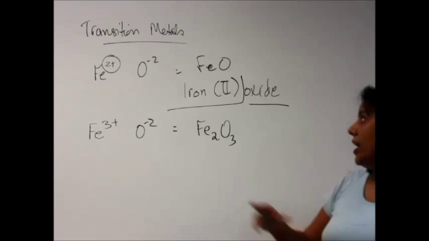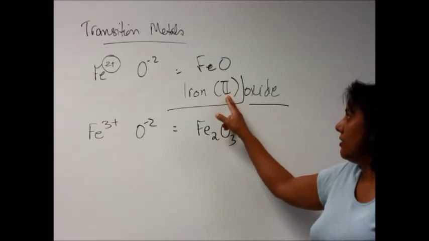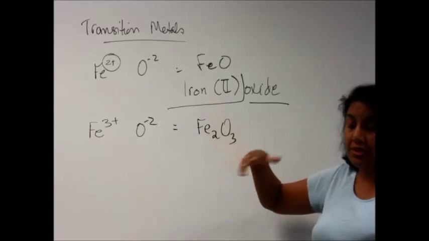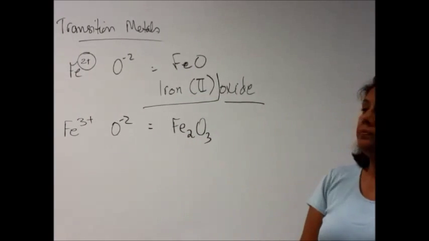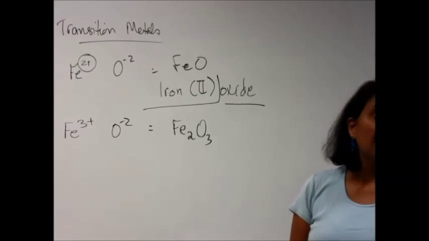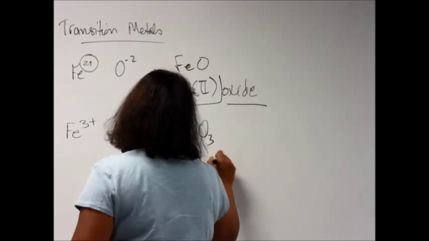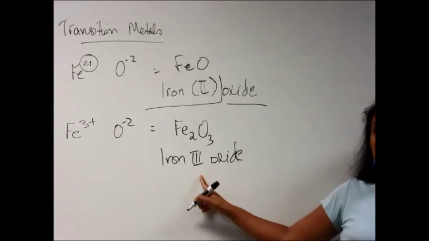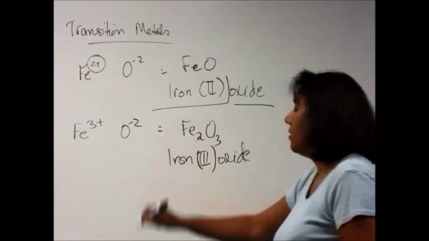Please remember, for iron(II) oxide, you have to have the brackets and the Roman numeral. That's the rule. There is no other way to do it. So this will become iron(III) oxide. Do not leave it like this. Put the brackets around the 3.